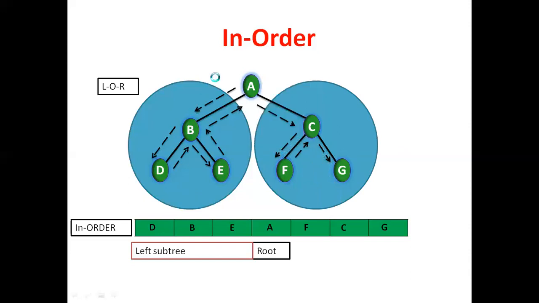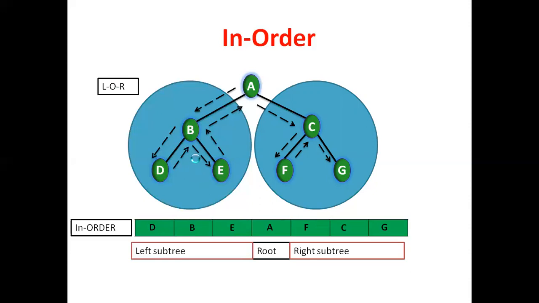According to the inorder formula, first we did the left subtree. The left subtree nodes are BDE, so BDE is completed. Then the root in the middle. Then the right subtree nodes are FCG. This is the way. In inorder traversal, the root node is always in the middle.